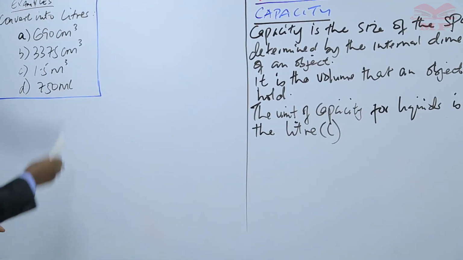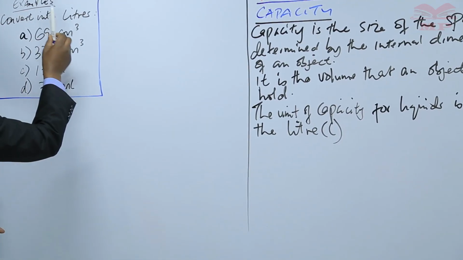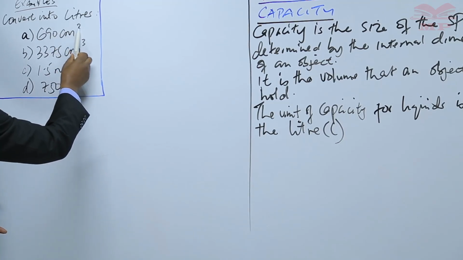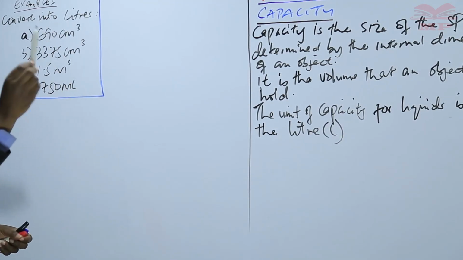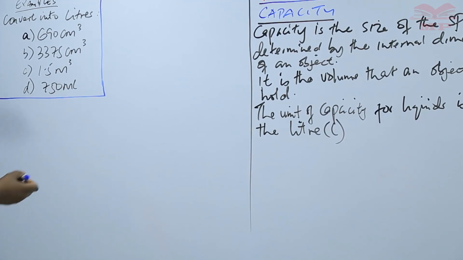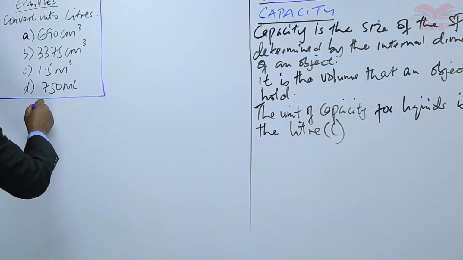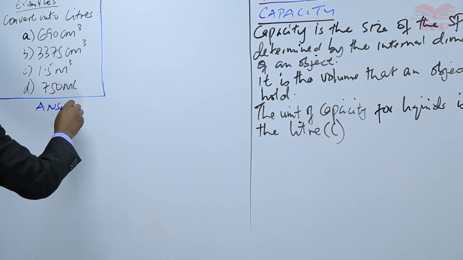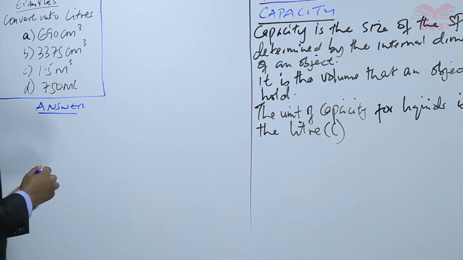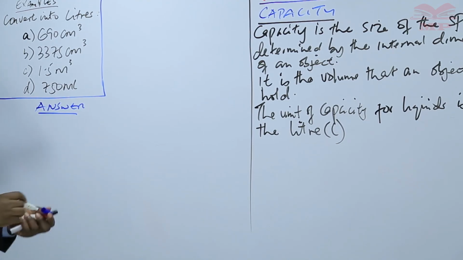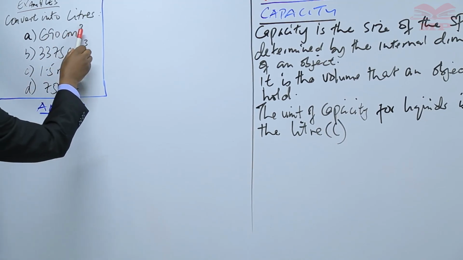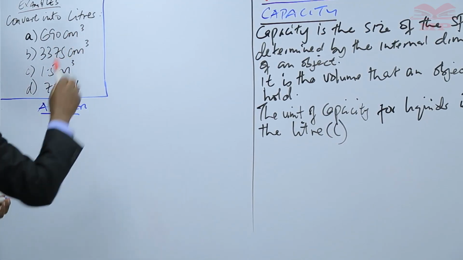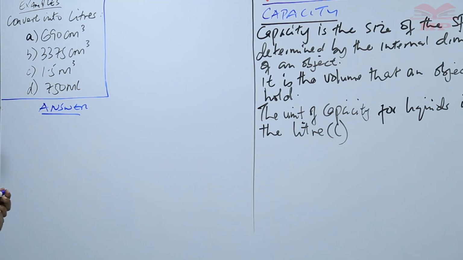Now, how do you convert 690 cubic centimeters into liters? So here is the answer. We want to convert 690 cubic centimeters into liters.